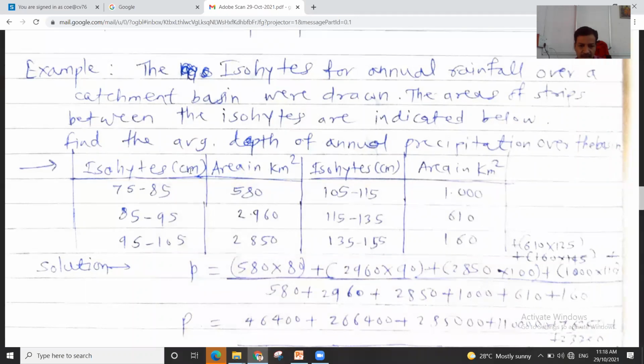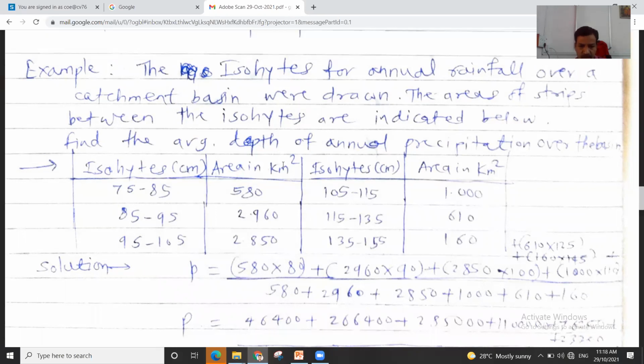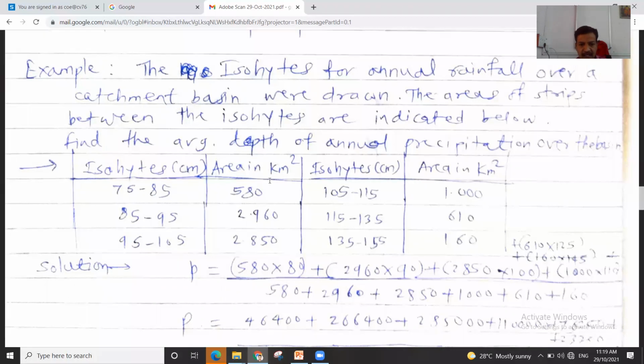Isohyets in centimeter is given in first column. 75 to 85 centimeter. Area in kilometer square is given. Area between that isohyets, 580 kilometer square area. Isohyets having 75 to 85 centimeter, त्यामधली एरिया आहे 580 kilometer square.